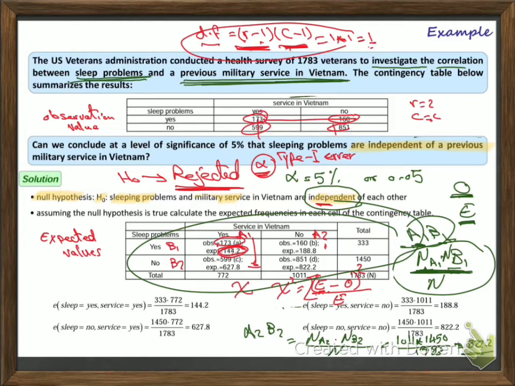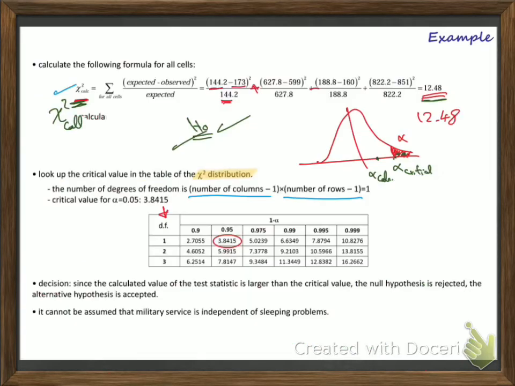And what is my significance level alpha? 5 percent. So here it is 1 minus alpha, and I have to be very careful: 1 minus 0.05, which is 95%, or 0.95. At 1 minus alpha equal 95% and degree of freedom 1, I got this value.